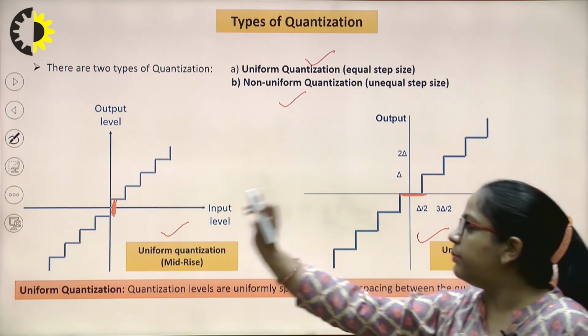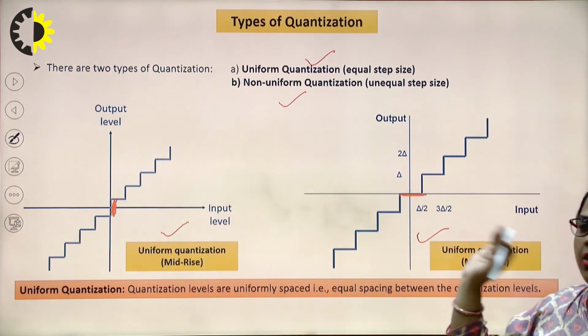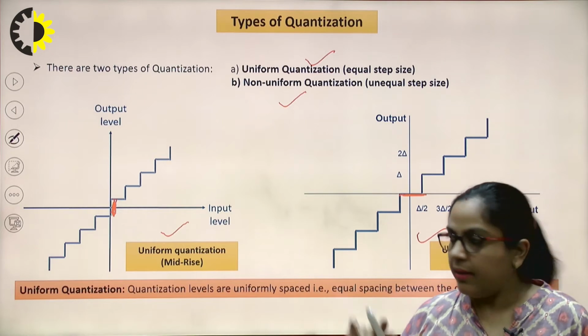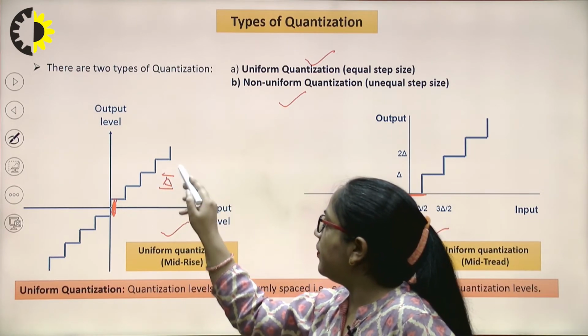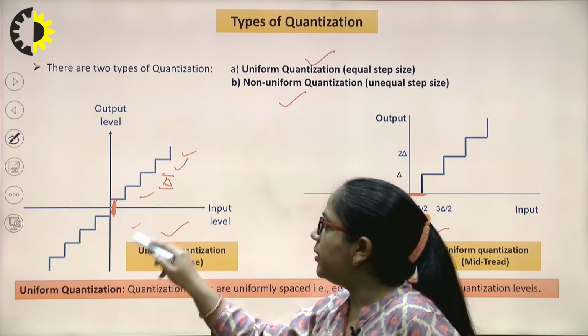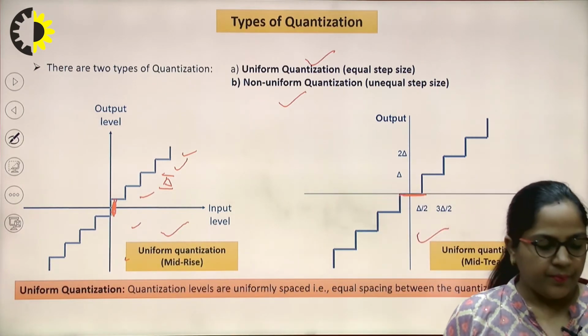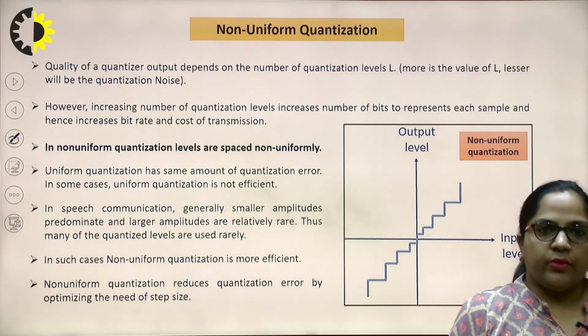So we can opt for either kind of uniform quantizer, but the gap between the two levels will remain the same throughout the quantization process.